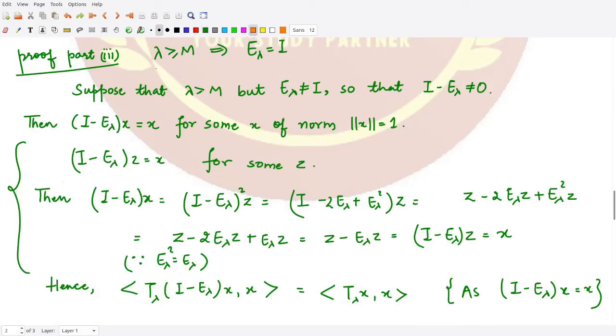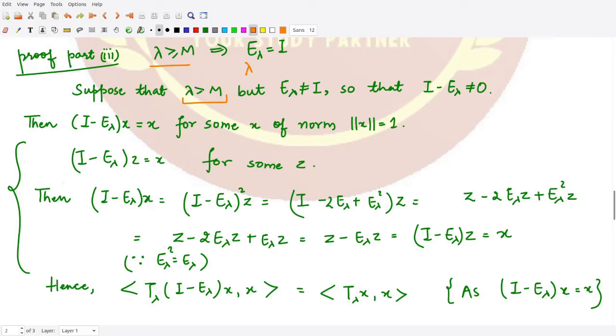We'll first get the result for lambda greater than m. For lambda equal to m, we'll prove that part when we prove part 4, right? So for the time being, let's just talk about the case where lambda is strictly greater than m.